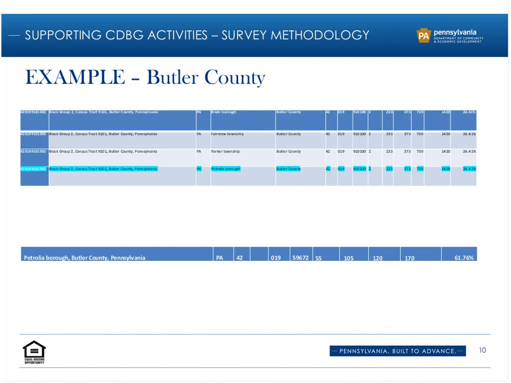That kind of threw us for a loop. So again, we went back to the Penn State Data Center to ensure that we could use the HUD data. And if you look at the other spreadsheet that was given to you, which is just the municipal level. John, could you go to the other spreadsheet?